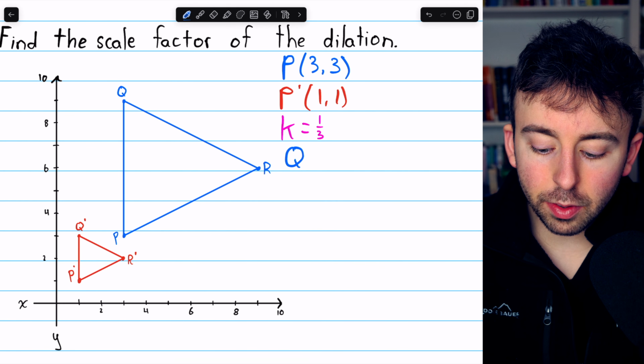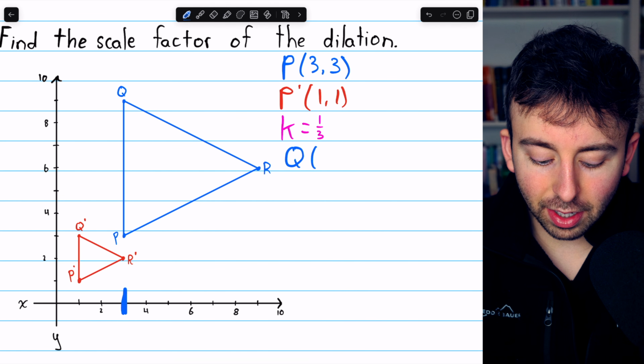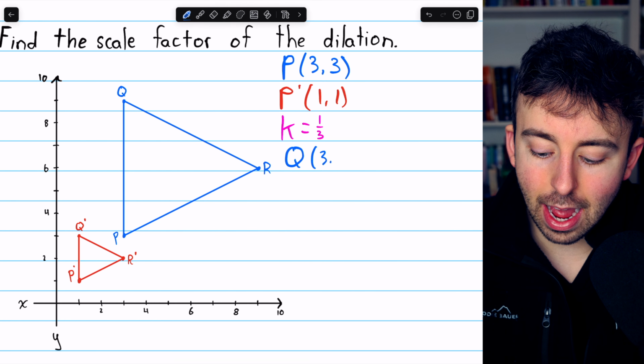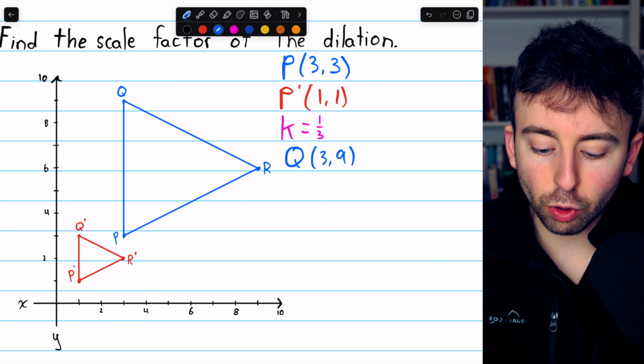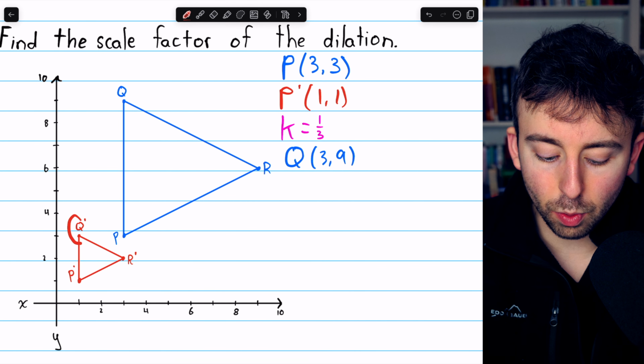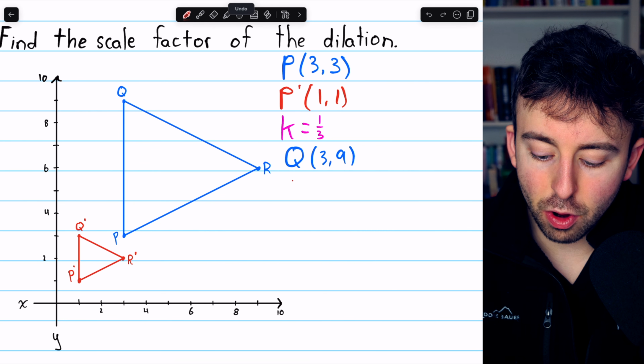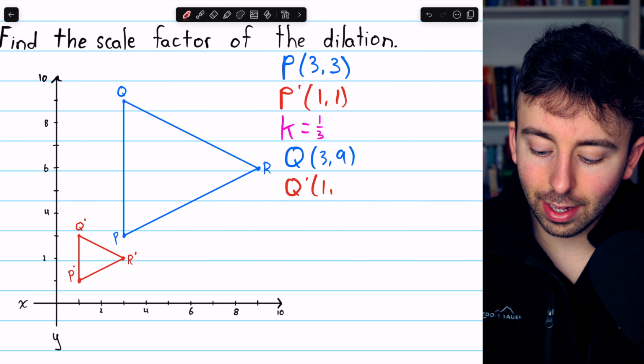For example, we could have used the point Q, which has an x-coordinate of 3 and a y-coordinate of 9. And then we could have looked at the transformed point Q', which has coordinates 1, 3.